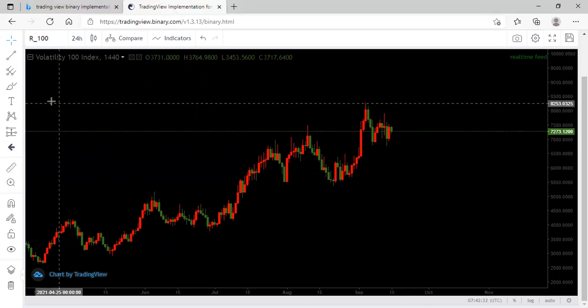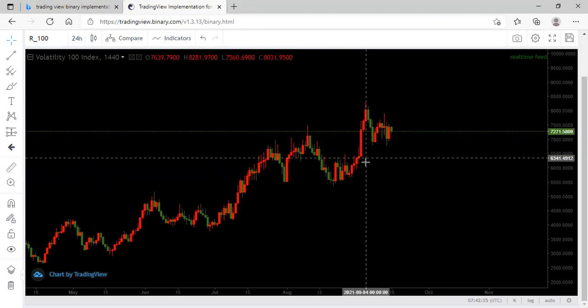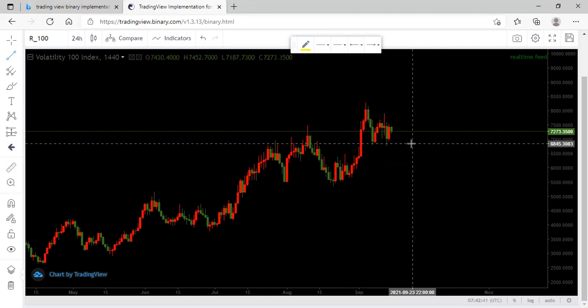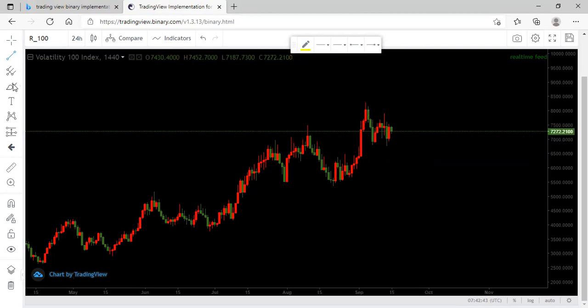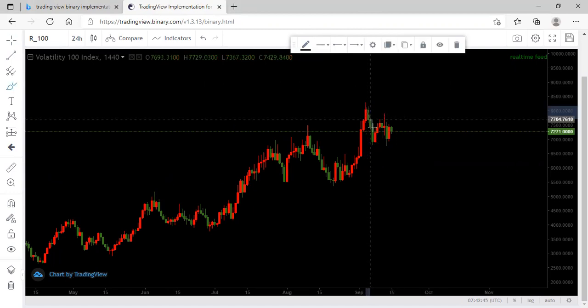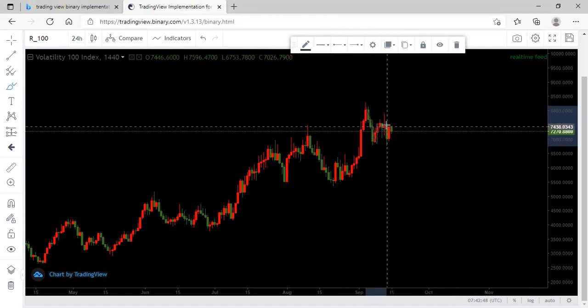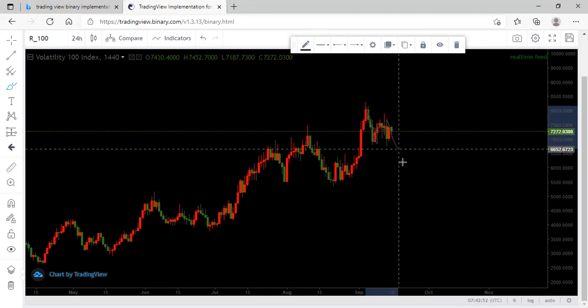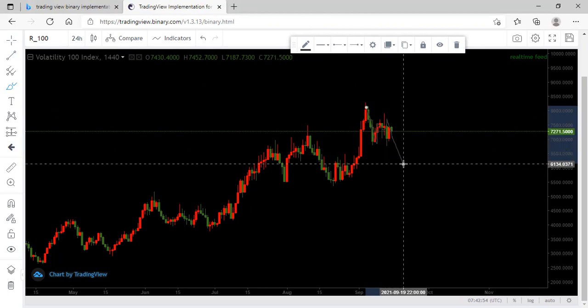You can see this price has managed to reach this price level. Then we had this impulsive move to the downside, then boom, this was a correction. Then what we are expecting here is this price will go to the downside like this, boom.